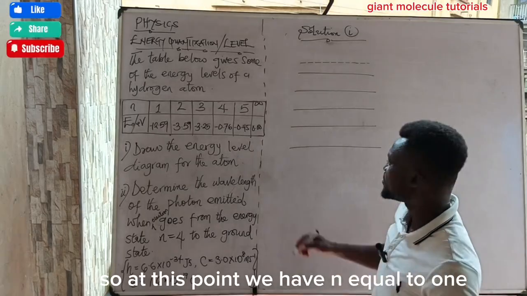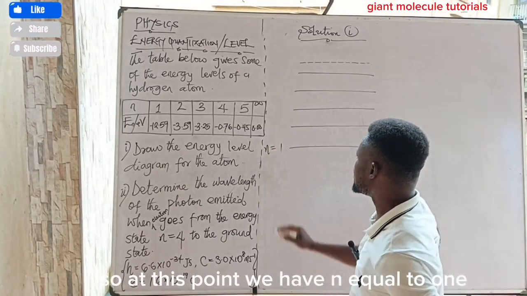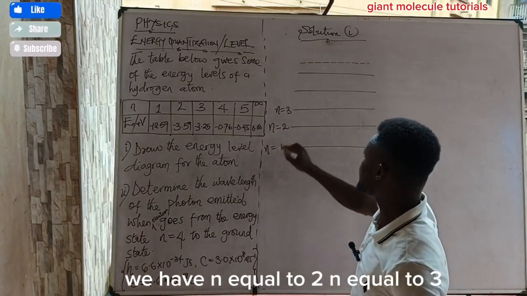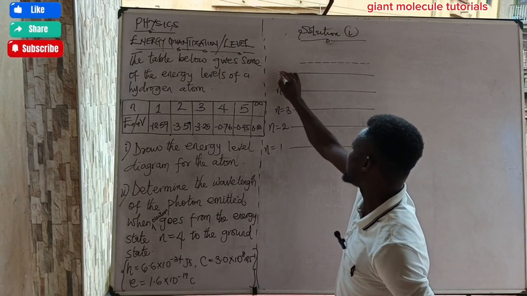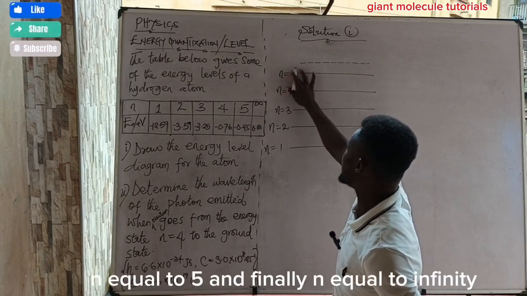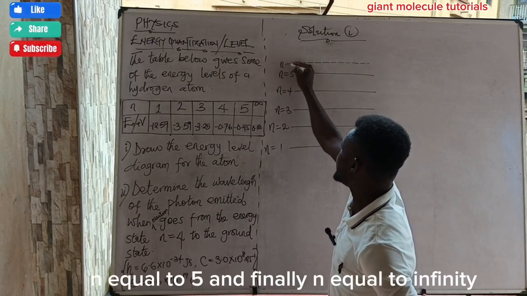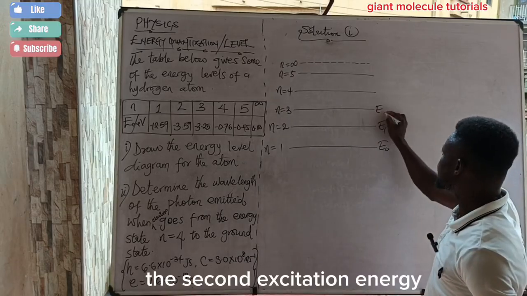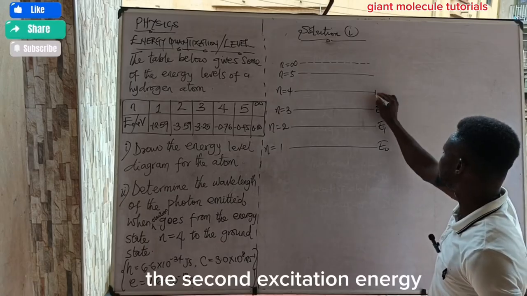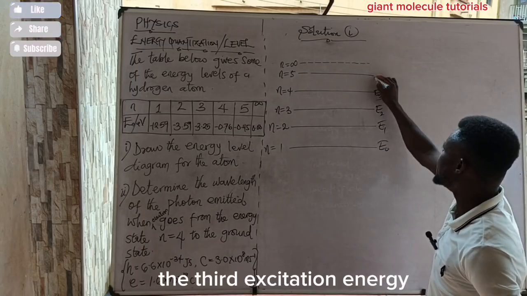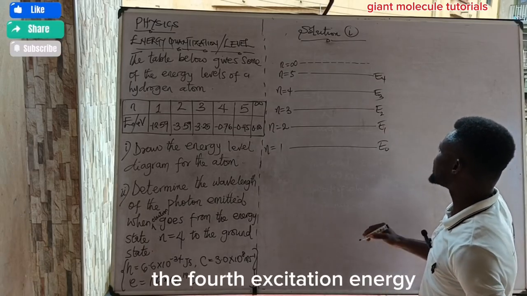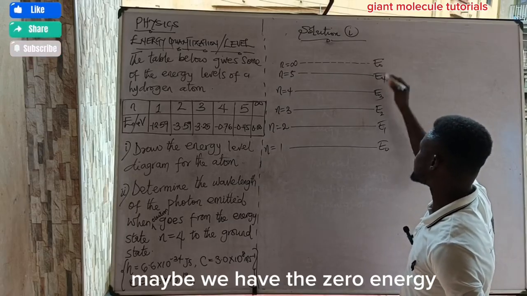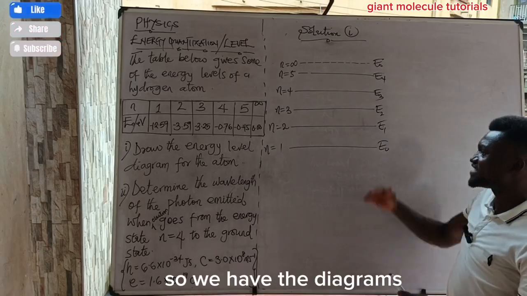So at this point, we have n equal to 1, n equal to 2, n equal to 3, n equal to 4, n equal to 5, and finally n equal to infinity. The first excitation energy, the second excitation energy, the third excitation energy, the fourth excitation energy, and maybe we have the zero energy. So we have the diagram.